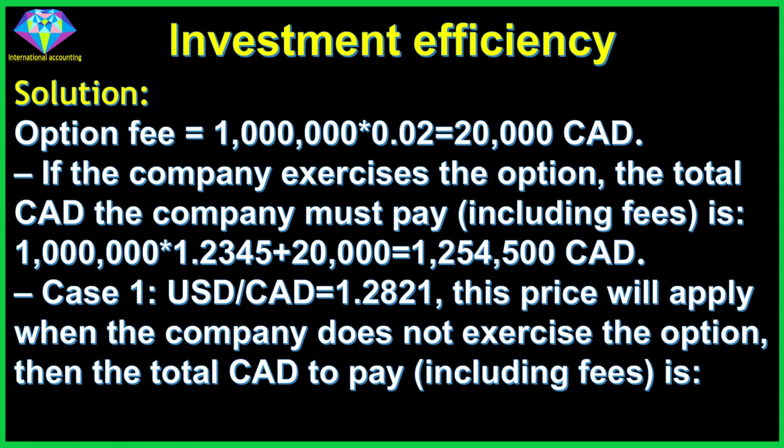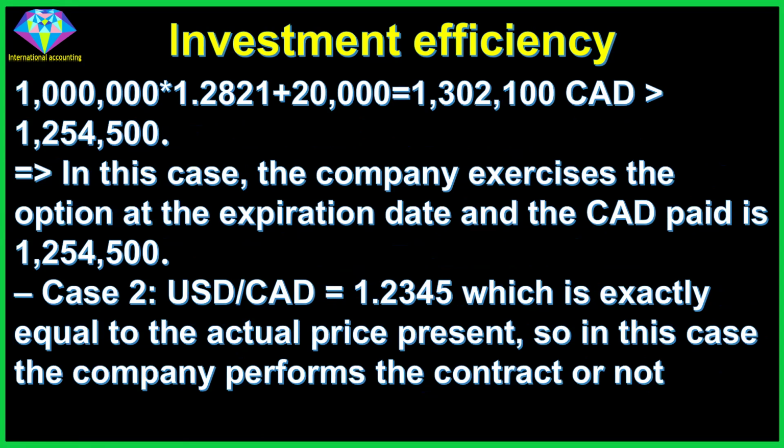USD over CAD equals 1.2821. This price will apply when the company does not exercise the option. Then the total CAD to pay, including fees, is 1 million multiplied by 1.2821 plus 20,000 equals 1,302,100 Canadian dollars, more than 1,254,500.